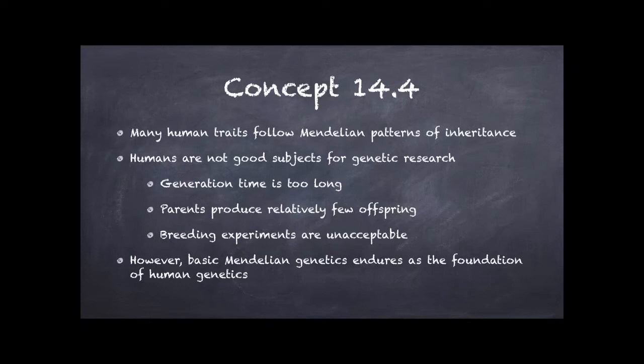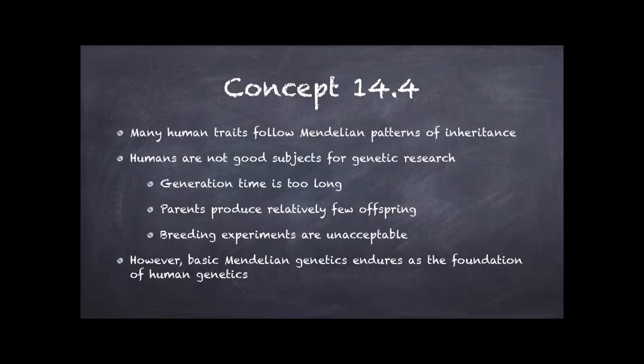We don't produce many offspring at once. Usually we can only produce one, sometimes two, sometimes three, sometimes a couple more at one time, and even then it takes 9 months. And obviously, we can't just breed people together. It's inhumane, not right.